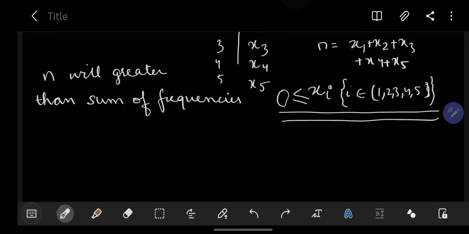I hope you understand, it's a simple concept. So the sum of frequencies taken one at a time, we cannot take two x1s, so it would be any frequency.